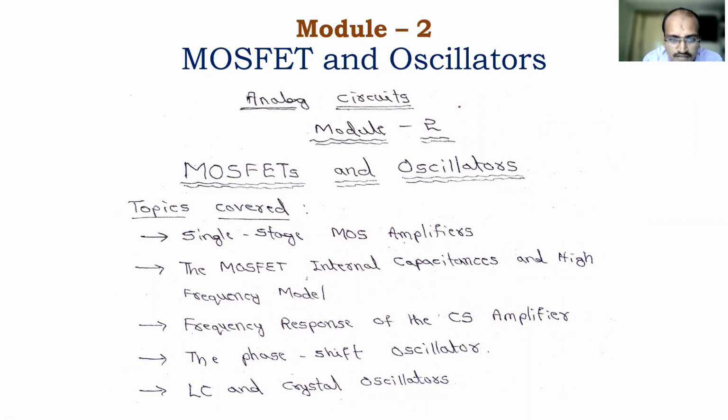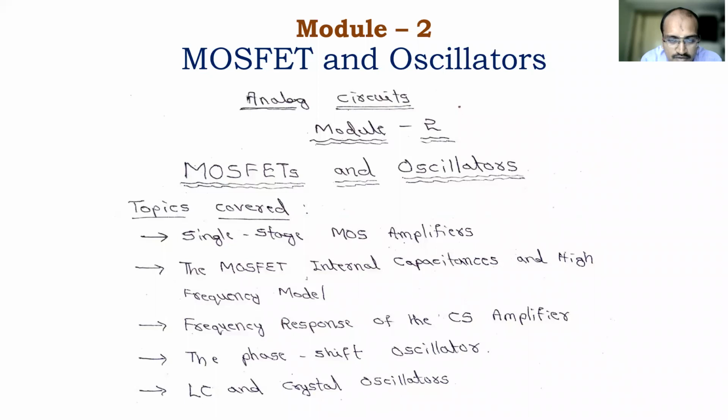And then we see the frequency response of the CS amplifier. This you have done in the ED lab. If any amplifier is there, you need a semi-log graph sheet, and you will find the bandwidth, lower cutoff frequency and upper cutoff frequency. For the MOSFET common source amplifier we will find the frequency response. We'll discuss this in the first part of module 2.